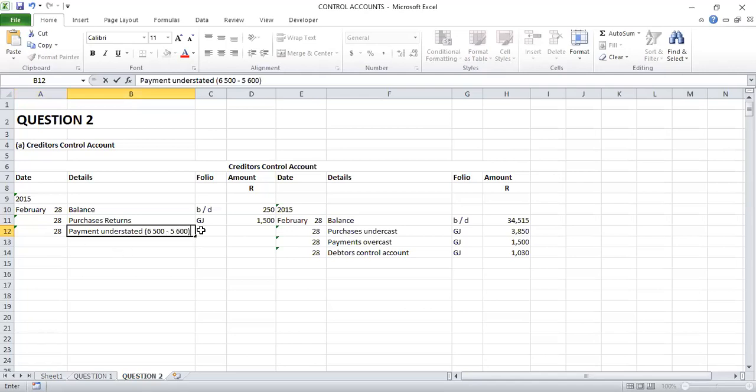What do we get? 900. So there's a further payment of 900 that is to be recorded, considering that they understated the payment to the creditor.